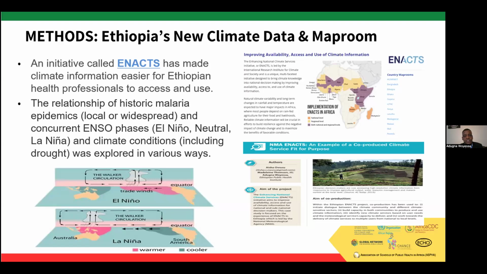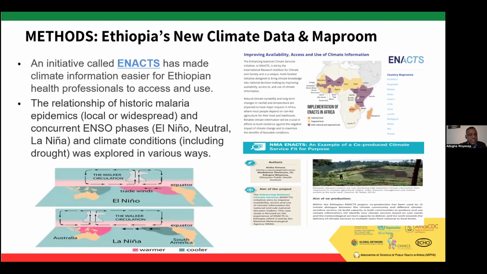This is one of the areas initiated in Ethiopia, and currently, you can see from the map, there are areas that have already benefited from ENACTS, which is availing climate data in a gridded form through combining observed and satellite data. Maybe you can access this, what is ENACTS, how it was initiated. You can see the details in some of the things I've tried to include in my presentation.